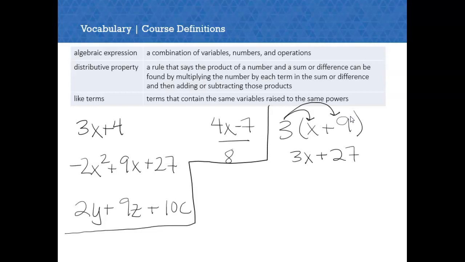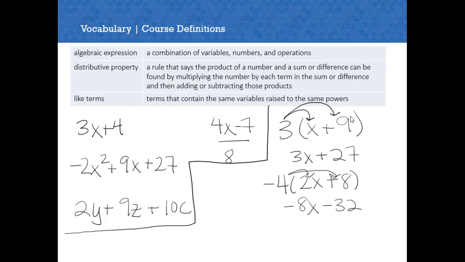So that's the distributive property. We can also use a negative. So we distribute, this means negative 4 times everything inside. So negative 4 times 2x is negative 8x, and negative 4 times 8 is negative 32. So make sure you're paying attention to the signs.